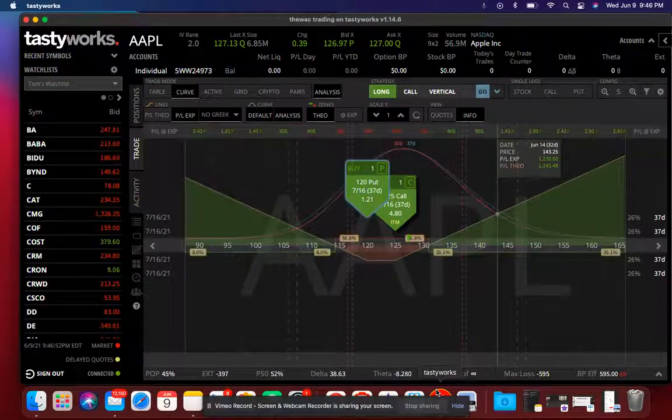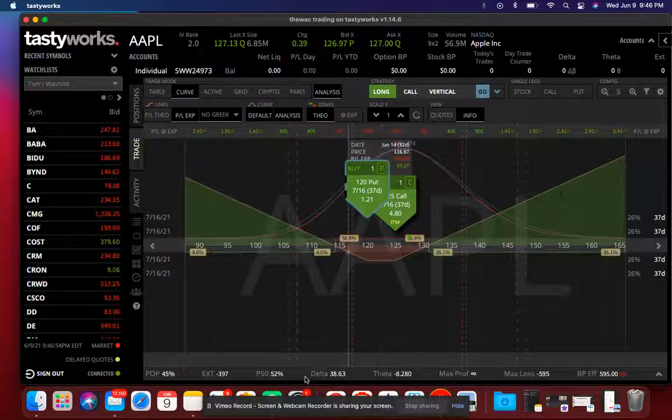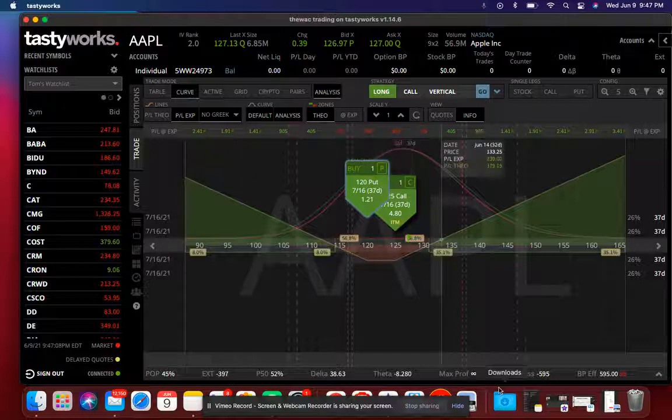If we go to Tastyworks, this shows us our overall delta. Our directional exposure is about 38, so we're about 38 to the long side. Max loss is 595, which is what we currently paid.